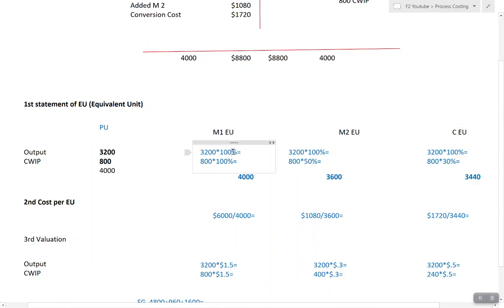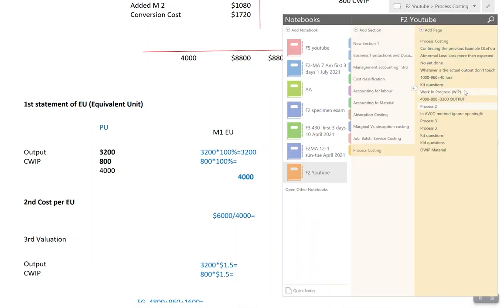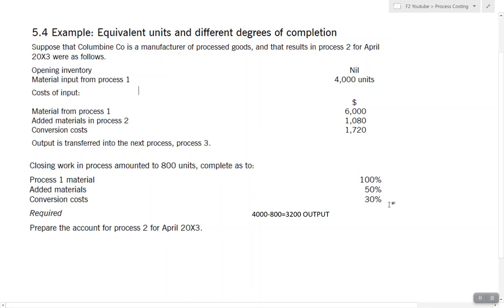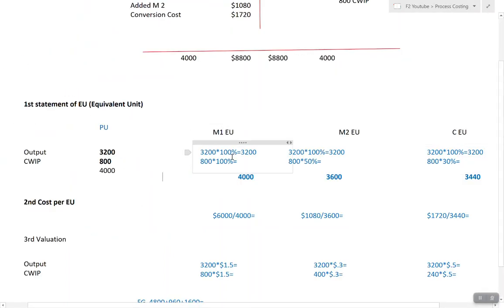They are 100% complete. Why? Because they are finished goods. So they are the same as physical units. But closing work in progress, they said it is 100% complete, 50% complete, and 30% complete. So 100% complete, 800 units, 50% complete, 400 units, and 30% complete, 240 units. Now adding it together, we have 4,000, 3,600, and 3,440.